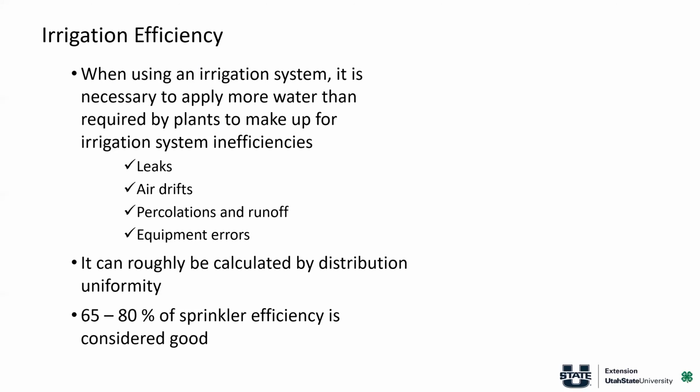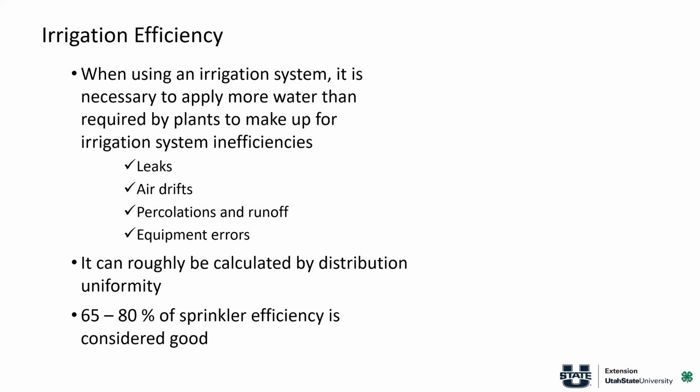There may be leaks, air drift, percolation and runoff, equipment error, and a lot of other things going on. So usually we need to apply a little more than what is needed. All those inefficiencies can be adjusted for. For sprinkler or overhead irrigation, 65 to 80% efficiency is considered good.